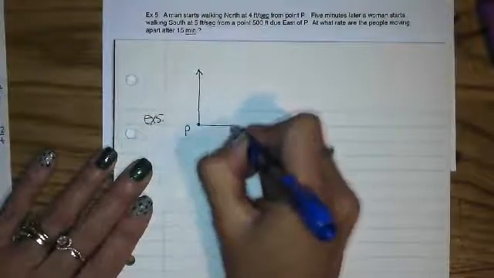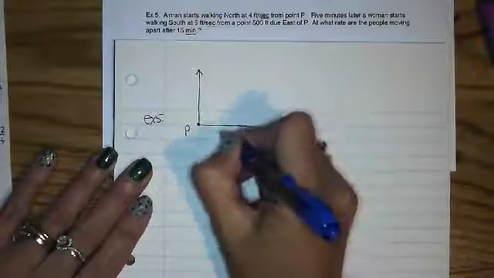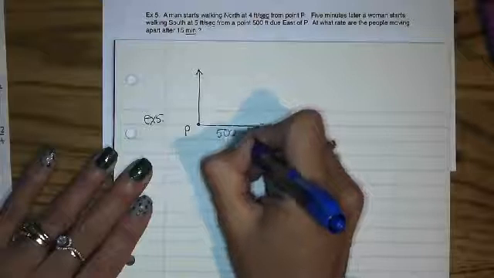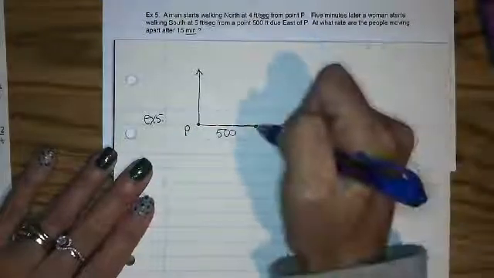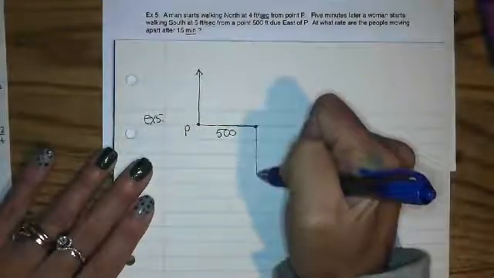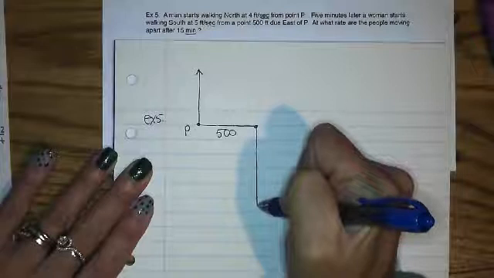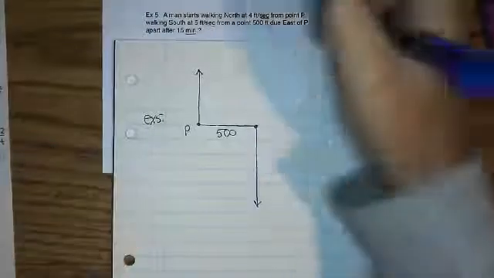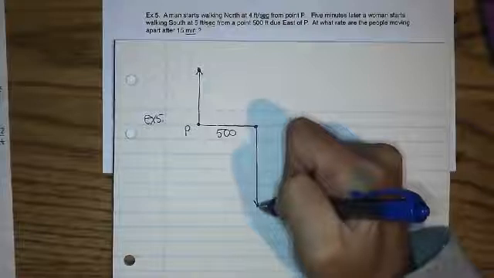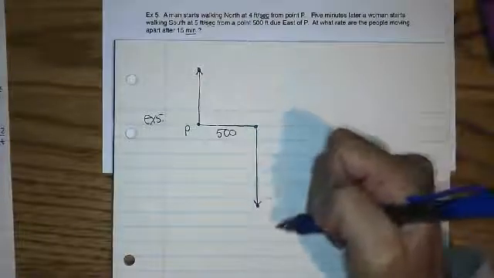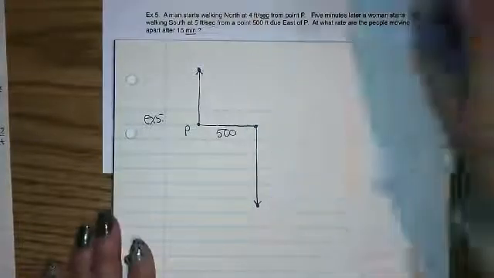And the man is walking north at 4 feet per second. The woman, who's 500 feet due east, that's 500 feet, she is going to walk south after a 5-minute delay.